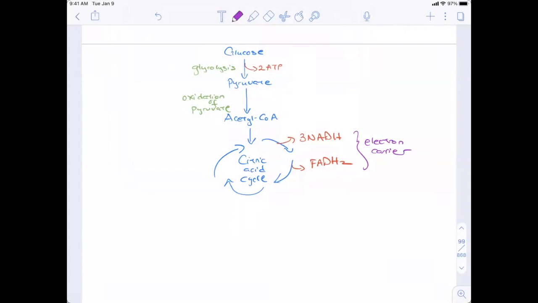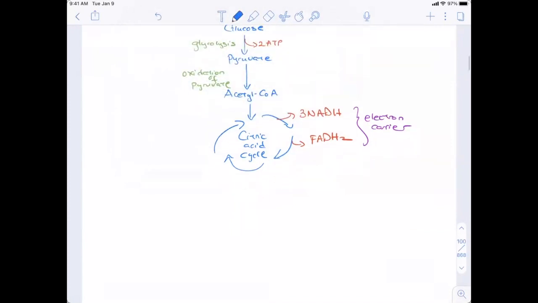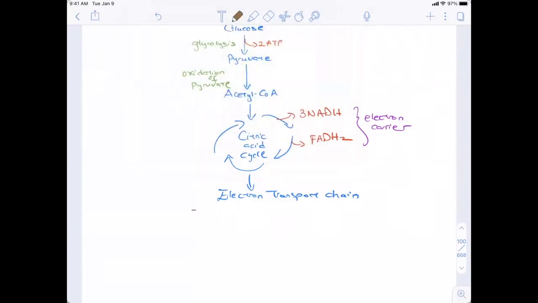And what is that bank? That bank is going to be your electron transport chain. Okay, and your electron transport chain, this is where we have our complexes, your complex 1, 2, 3, 4, and complex 5.